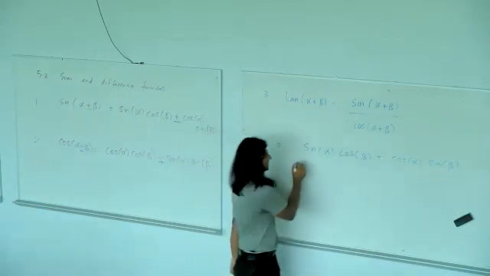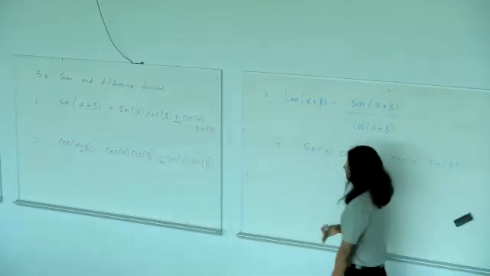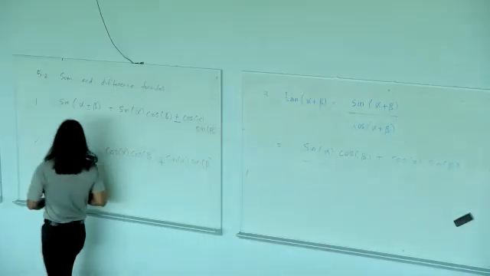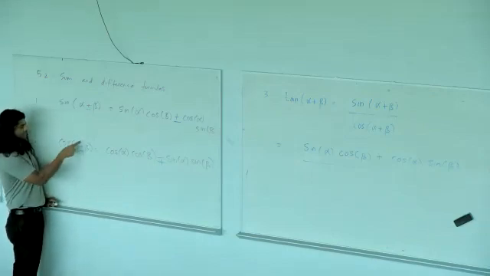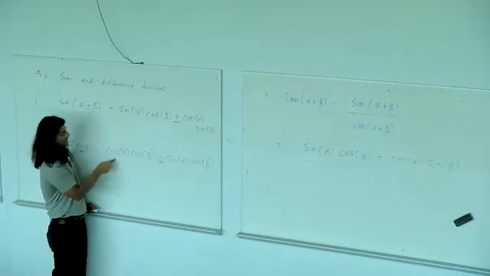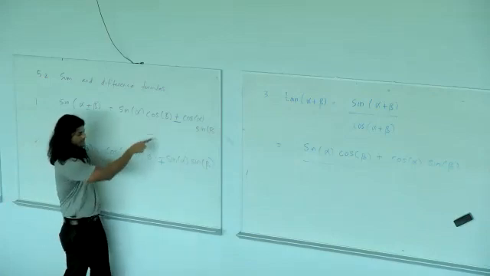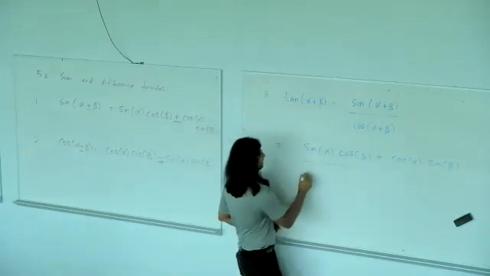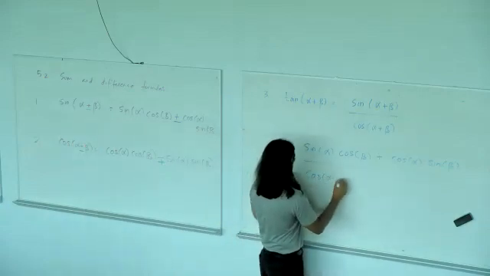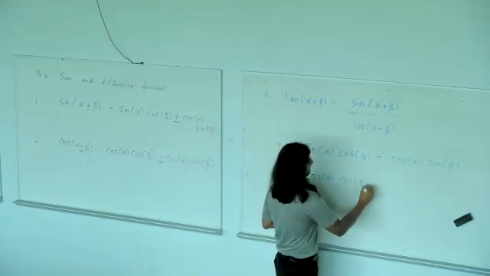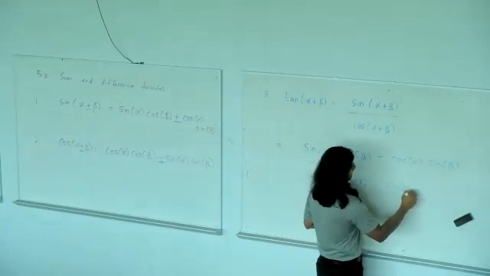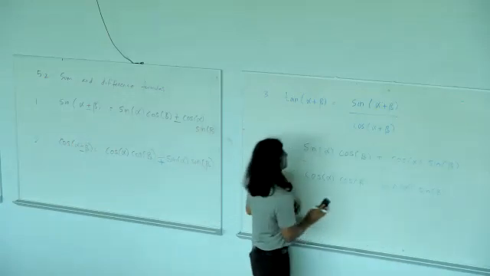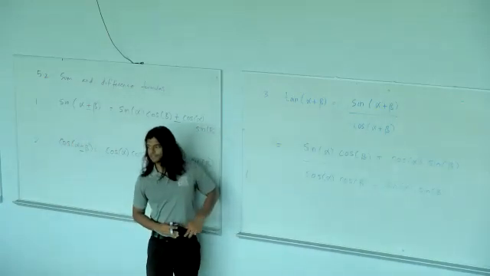In a similar manner, for the denominator, cosine of alpha plus beta is cosine alpha cosine beta minus sine alpha sine beta.